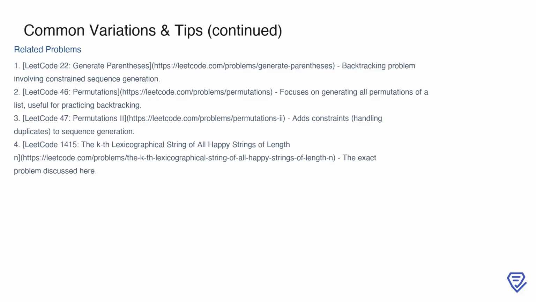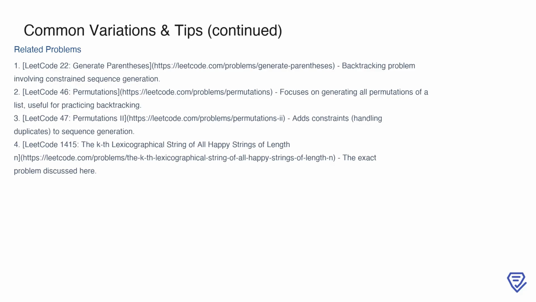For example, LeetCode 22, Generate Parentheses, involves using backtracking to create valid sequences of parentheses under specific constraints. Similarly, LeetCode 46, Permutations, challenges you to generate all possible permutations of a list, which is another classic backtracking problem.